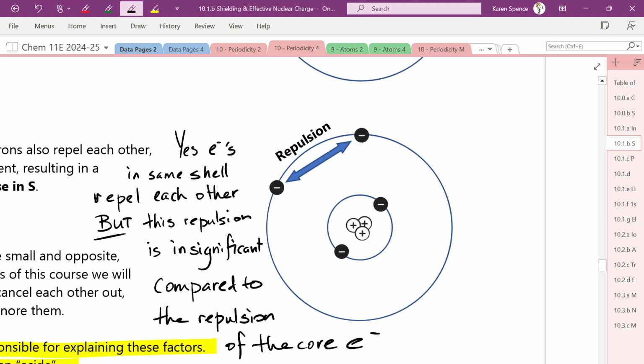Basically, what that comes down to is we can just ignore it, okay? So you don't have to ask about it, right? Because you'll be like, okay, I don't care about it because it's just really small.